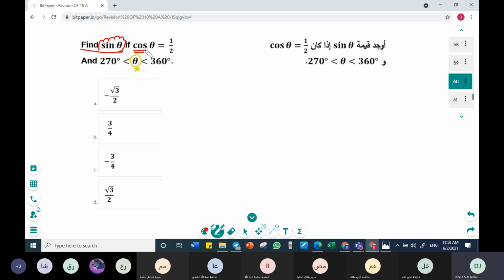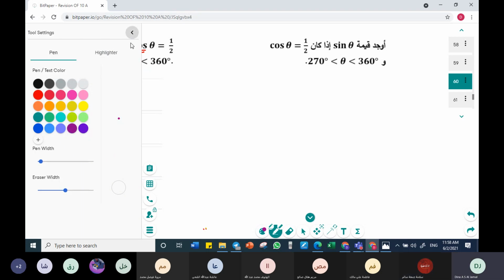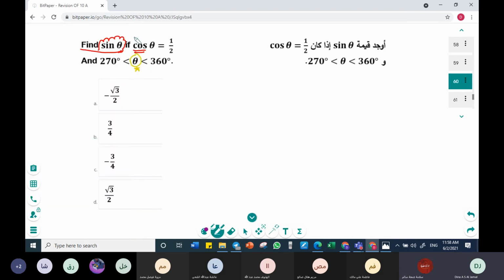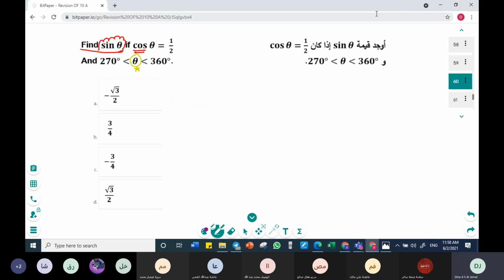Sine to the power 2 plus cosine squared equals 1. Excellent, this is the Pythagorean identity, which is the first one: sine square theta plus cosine square theta is equal to 1. Whenever you are given sine and you need the cosine, or vice versa, you need to use this rule.